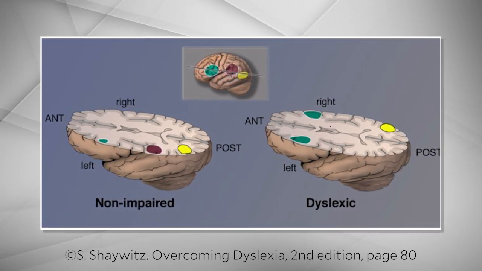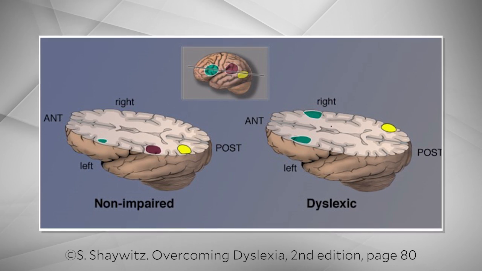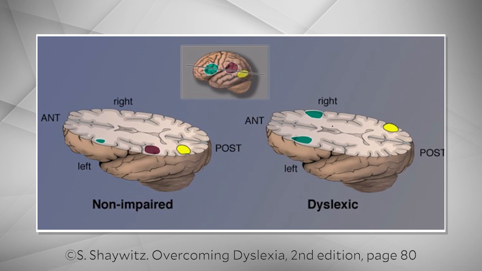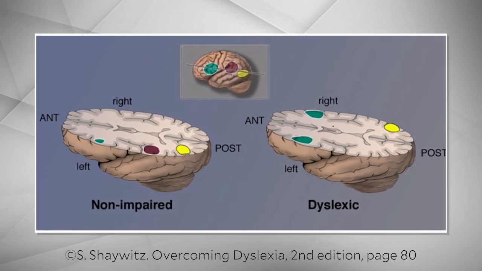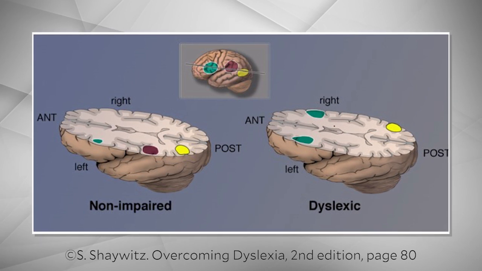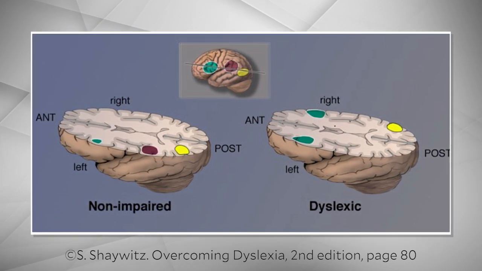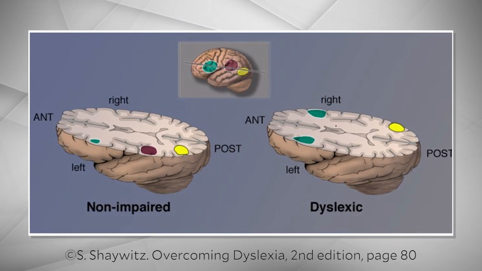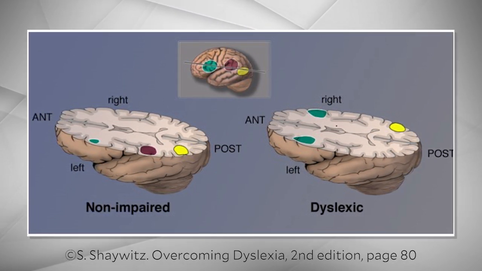Here you can see the non-impaired brain and the dyslexic brain. What you see here in the dyslexic brain is the word form area, that's the yellow area in the non-impaired brain, that fails to form. You don't see it posteriorly on the left side of the dyslexic brain.